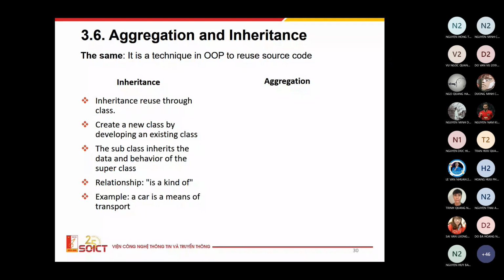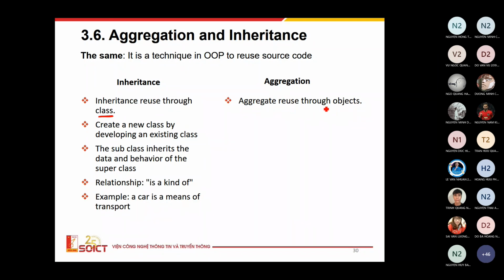So what is the reason when we talk about the aggregation and inheritance? They are both techniques in OOP to reuse the source code. In inheritance you reuse through the class, because we define a new class based on an existing class.